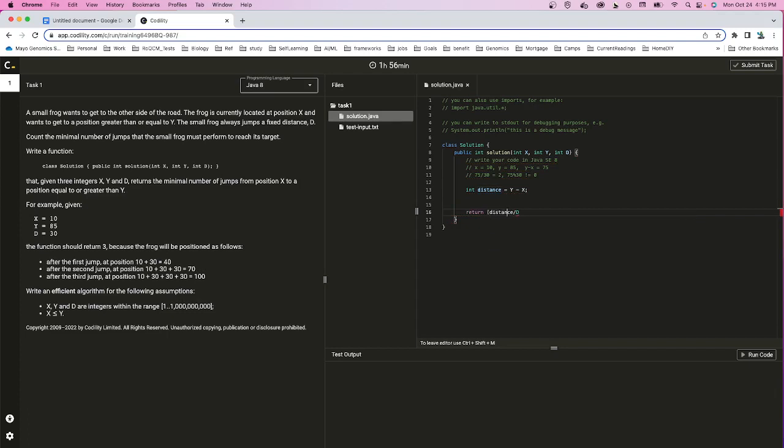And we also want to look at if distance can be divided by d or not. So that is mod d. If it doesn't equal 0, then we are going to add 1. Otherwise, we don't have to add anything.